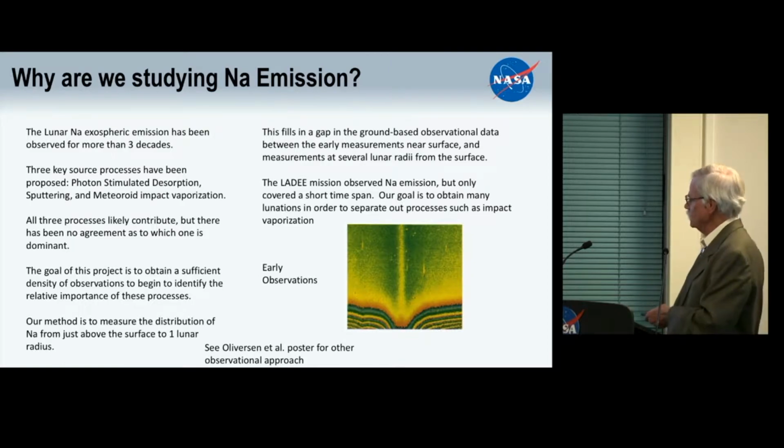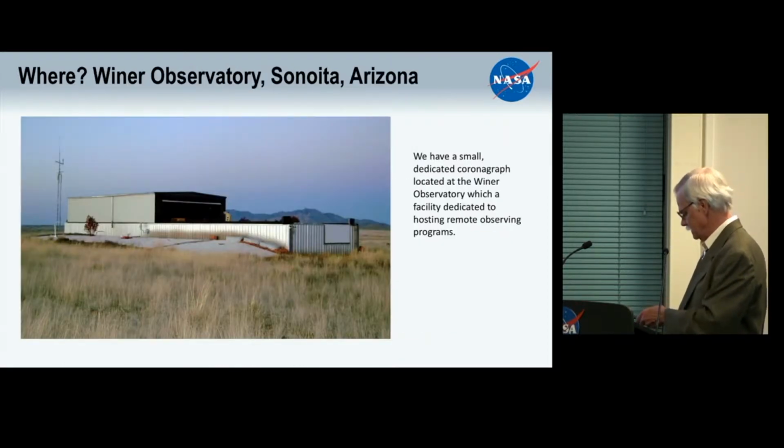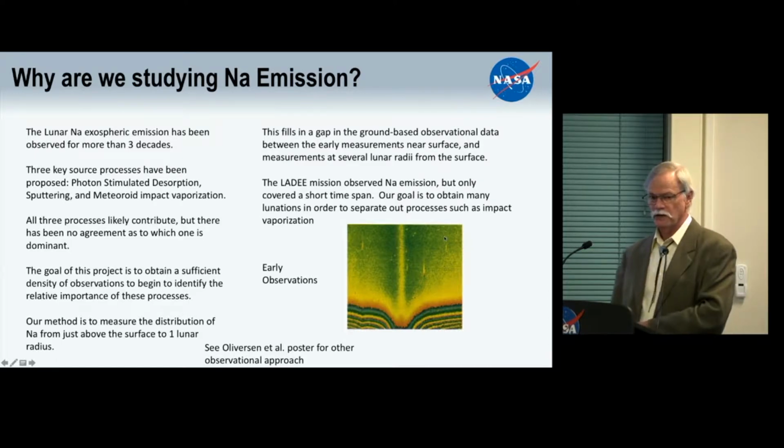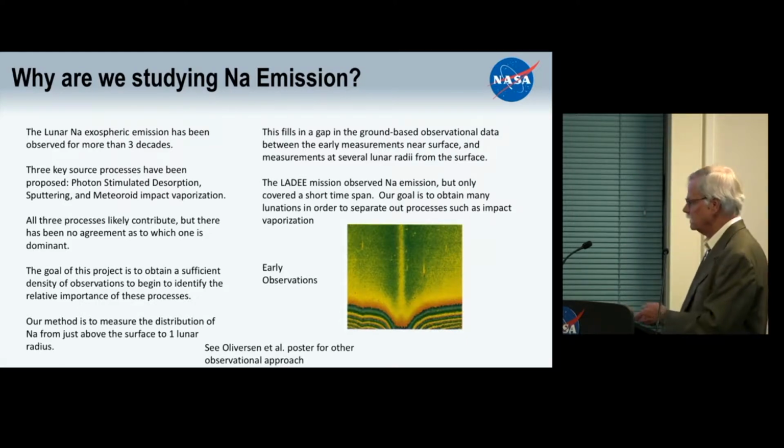This is down here to remind you that the early observations often got it wrong because we just had a small amount of data. This was a discovery observation, about 50 kilometers, and of course we got the scale height wrong. You have to have a lot of spatial coverage to really understand what's going on.